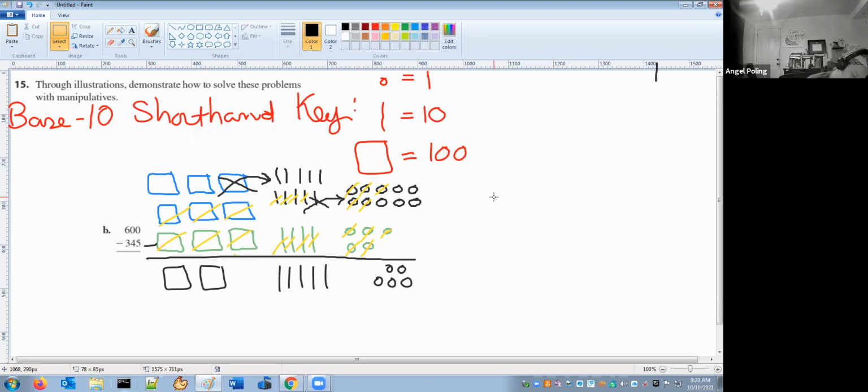We have to borrow from the hundreds column, which leaves us with 5 hundreds and 10 tens. Now we can borrow a 10, which gives us 9 tens, and we're going to borrow the 1. So we have a 10 now, and we're going to take 5 away, which leaves us with 5.